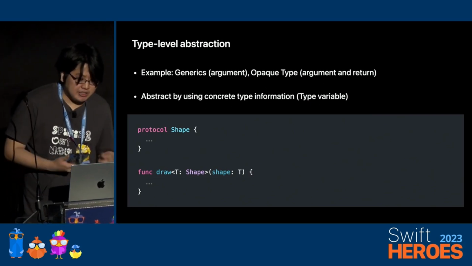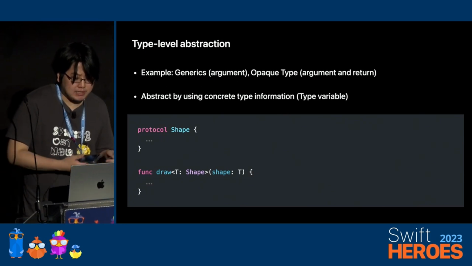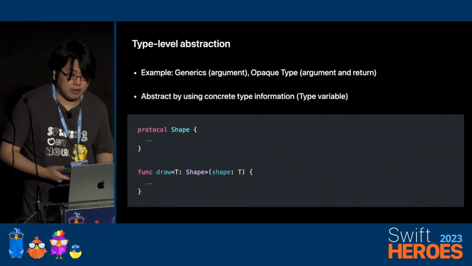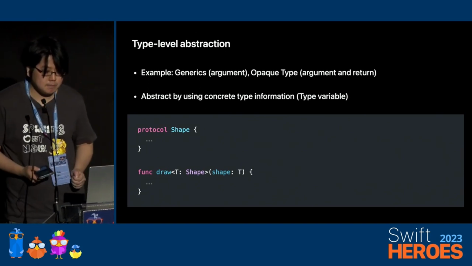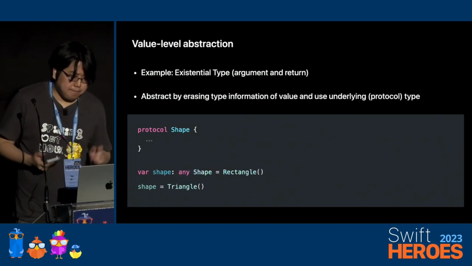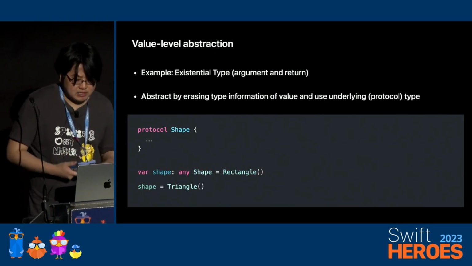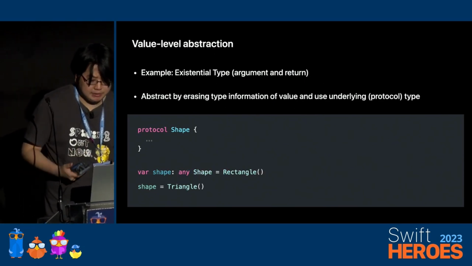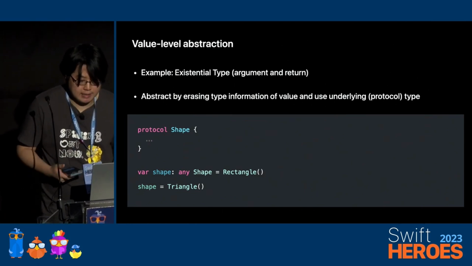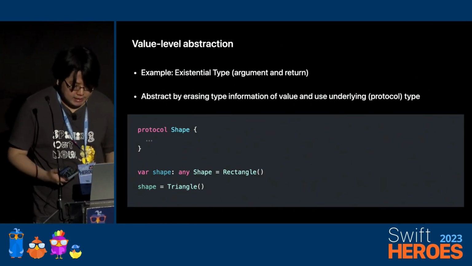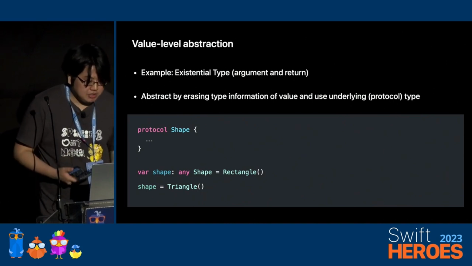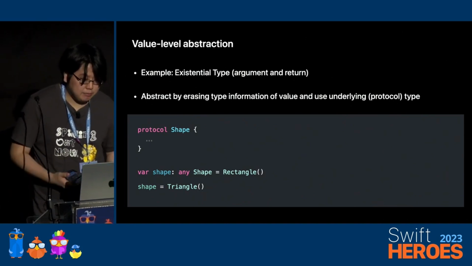As I said, generics keeps concrete type information by the type variable and uses it for abstraction. Value level abstraction is achieved by the existential type. An existential type variable tries to abstract functions and variables by erasing the concrete type and treating values as the underlying protocol type.